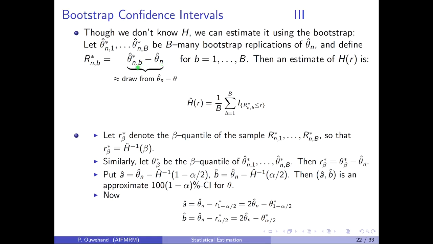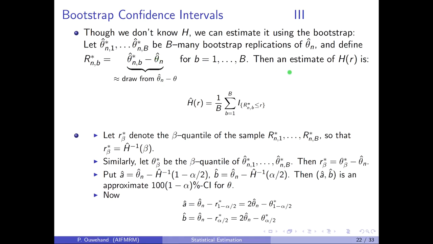So theta hat star nb is a new estimate of theta, and theta hat n is the original estimate that we had from the data.